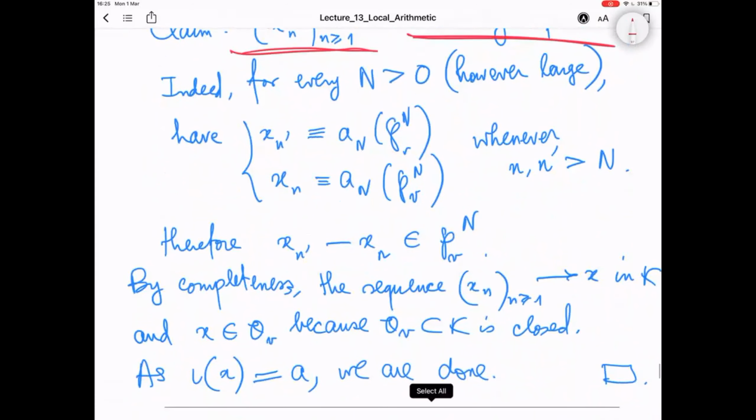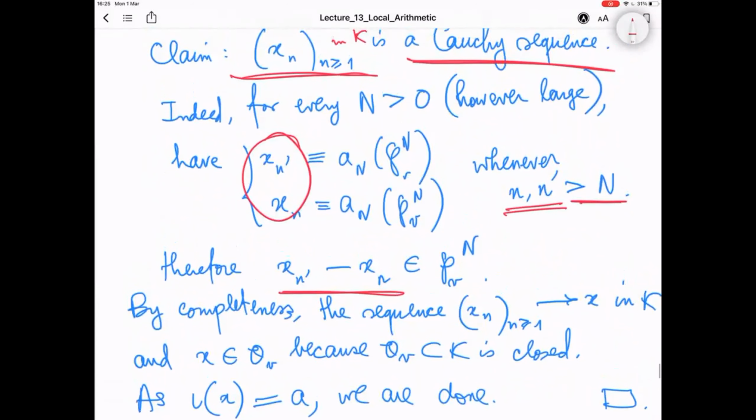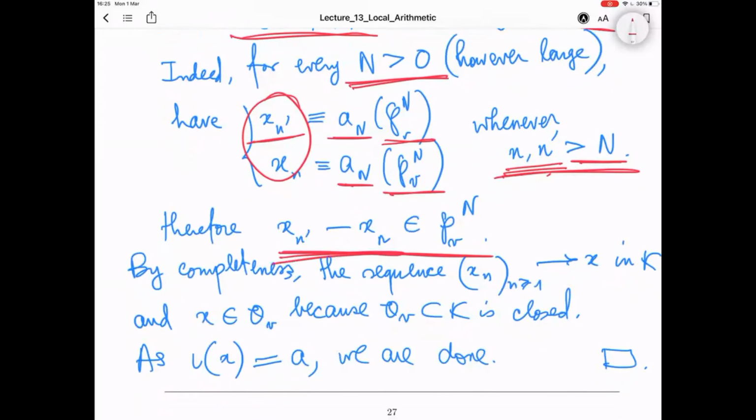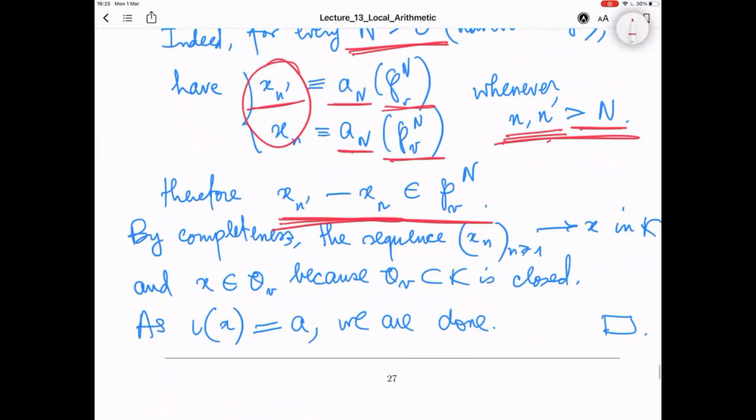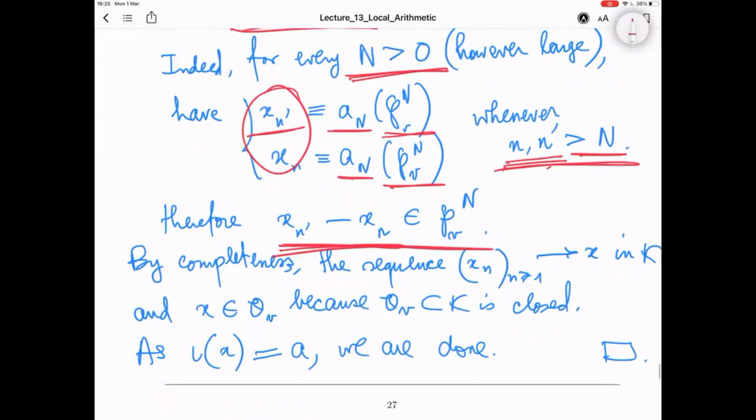Let's look at xn' minus xn for n and n' which are greater than some fixed N. Fix an N, and take any two indices n and n' which are both greater than this capital N. Then xn' is congruent to an modulo PV to the N, and xn is also congruent to an modulo PV to the N. That means that this difference is in PV to the N. In other words, the bigger the power here, the smaller the difference.